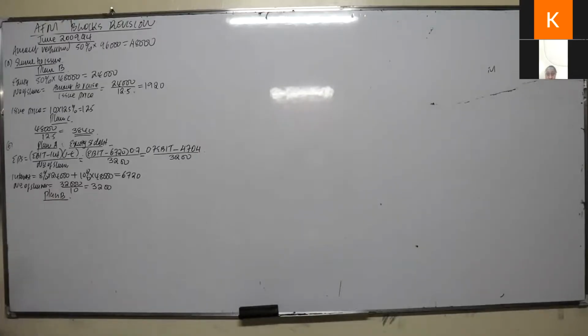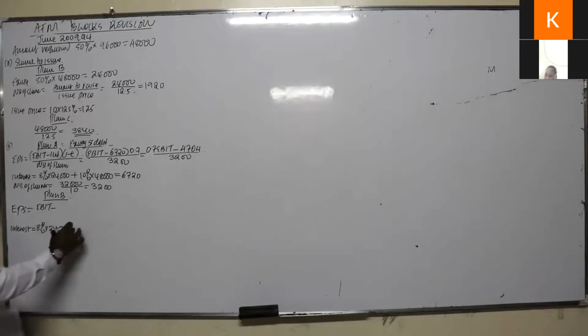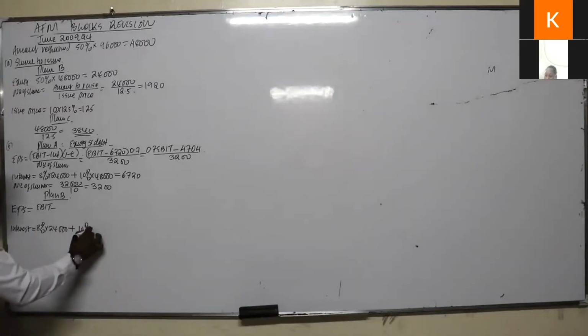Plan B, we have to issue half debenture, half shares. So the company will still be debt and equity finance. So therefore, to get earnings per share, you take EBIT, you deduct the interest. So let's determine the interest. Currently, they have 8% debenture of 24 million plus plan B, issue 10% debenture for the half of the amount.